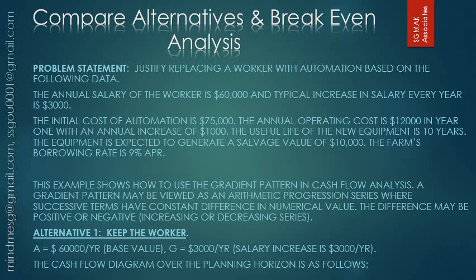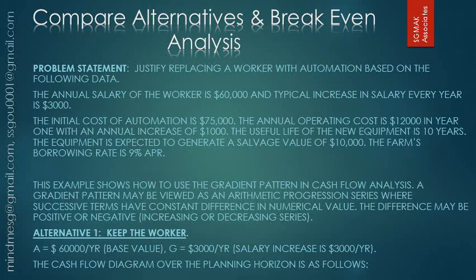The annual operating cost is $12,000 a year, and the annual increase, again a gradient series, is $1,000 a year. The useful life of the new equipment is 10 years, and the equipment is expected to generate a salvage value of $10,000 at the end of useful life. The firm's borrowing rate is 9%, which is always a parameter that keeps changing.